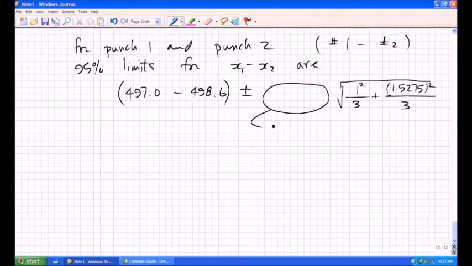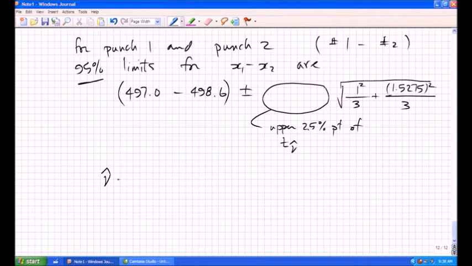Here I want an upper, well, I'm going to make 95% limits. I want upper 2.5 percent point of the t distribution for some number of approximate degrees of freedom.